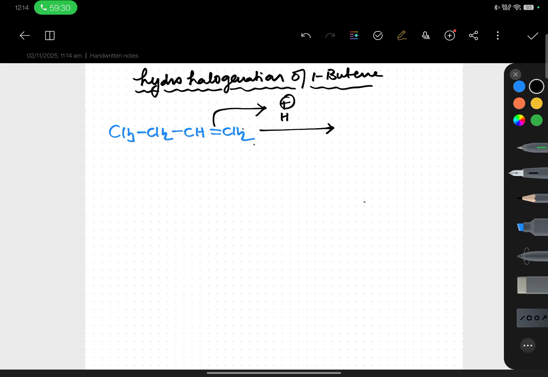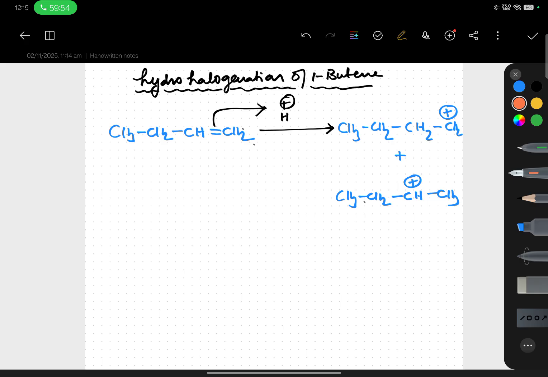So the electrons will go and attack. So you get two products where the hydrogen can join either the central carbon here, and thereby you get a CH2 plus in the terminal carbon, or the hydrogen can join the terminal carbon and you get a positive charge in the central carbon.